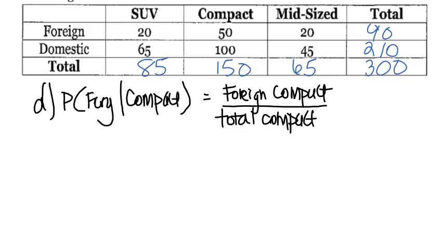Remember this is the "and" one. So our foreign compacts, we have 50 of those, over our total number of compacts, which is 150, and we get 1/3, which is about 0.33333 repeating, or about 33.3%. So that is probability in a nutshell.